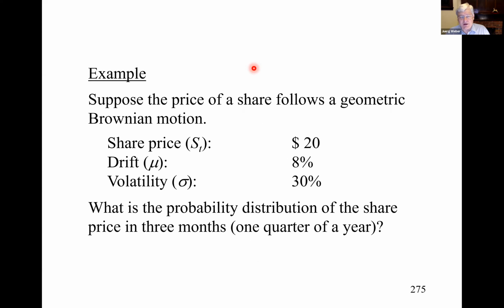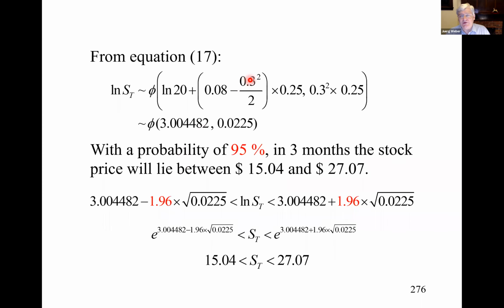It's a variance. So volatility usually isn't given as a variance. So when you need the variance, you have to square it. So it's squared here. And so plug in everything. And so actually here we get the logarithm of the share price in 3 months' time with this variance here. And it's normally distributed.